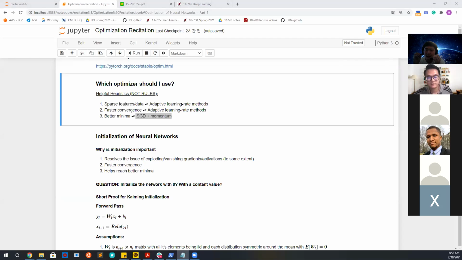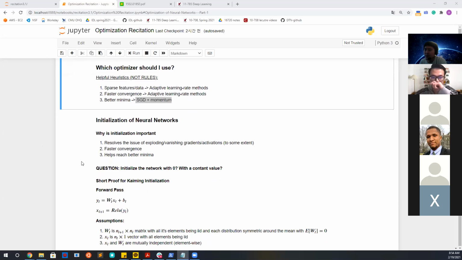Depending on how you initialize your network parameters, it could prevent your gradients from exploding or vanishing. Depending on where you start, it affects how fast you can converge and which minima you can reach. So initialization of the network parameters is a really important factor.